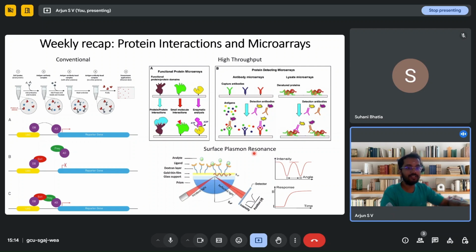It is of two types: model-based systems biology and data-based systems biology. In model-based systems biology, you fundamentally try to model a system to study it without disturbing it. In data-based systems biology, you collect data from an existing system and try to find any loopholes or unknown gaps in the system.